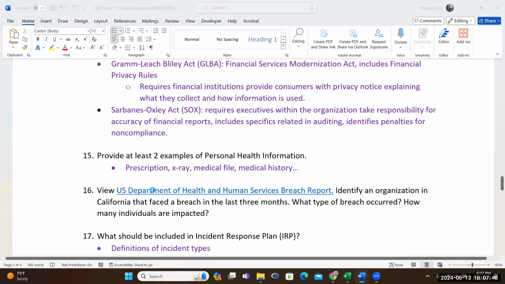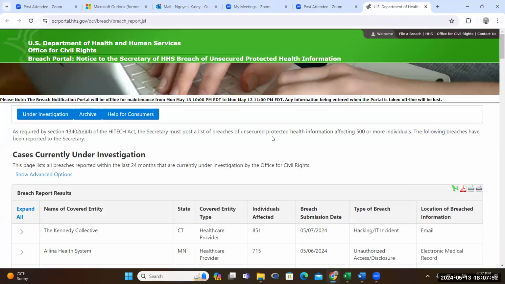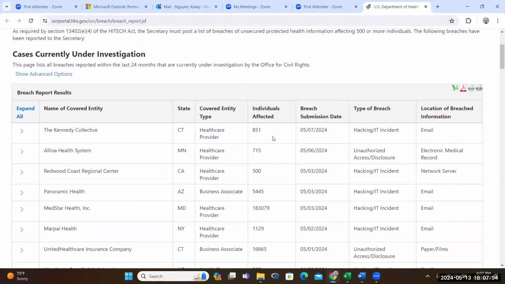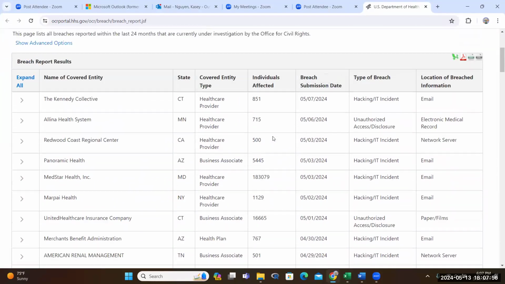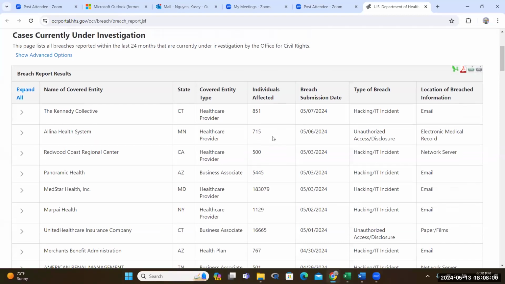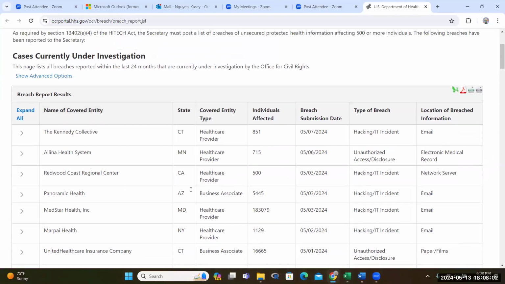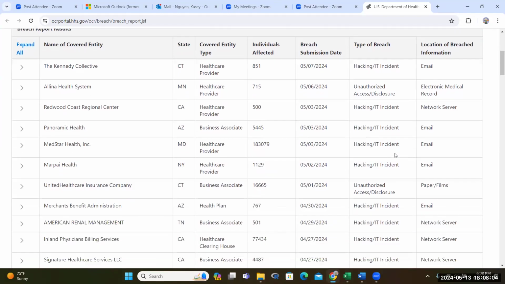For 16, you can visit the link there. And on here, you would see a list of organizations that are under investigation.